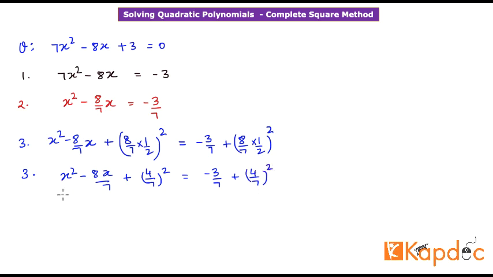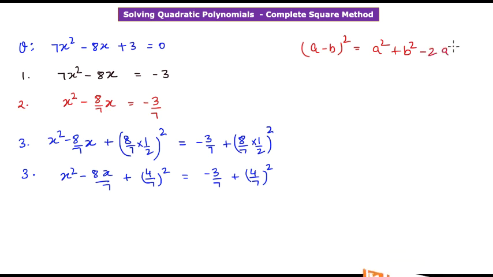So at this stage, you take your step number 3 and compare this expression with those standard identities. One standard identity I can write here is that a minus b whole square is equal to a square plus b square minus 2ab, right? So you simply see that x square can be equated to a square, and 4 by 7 square can be compared to b square.